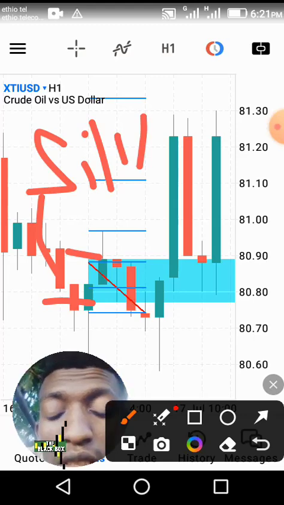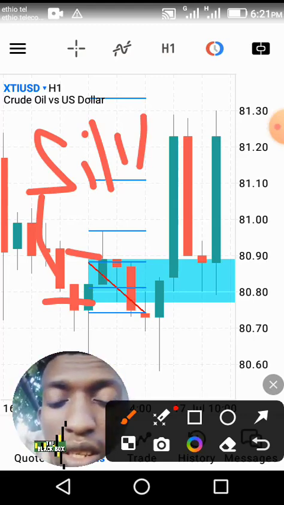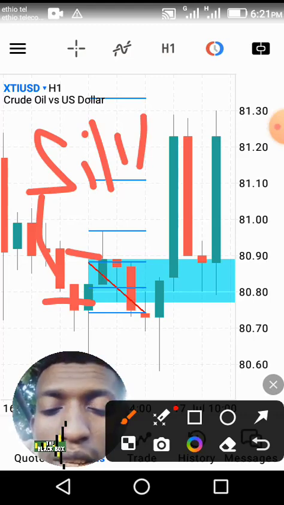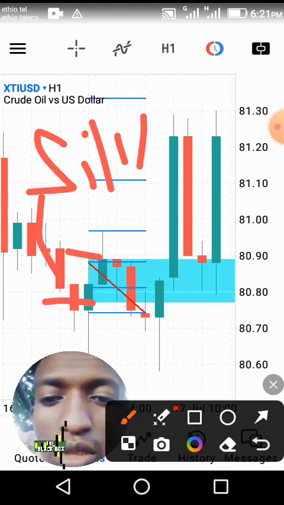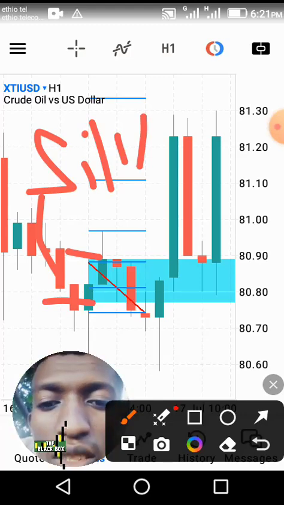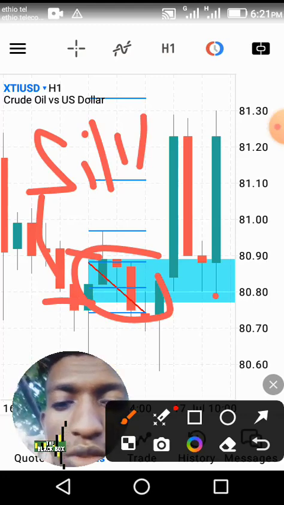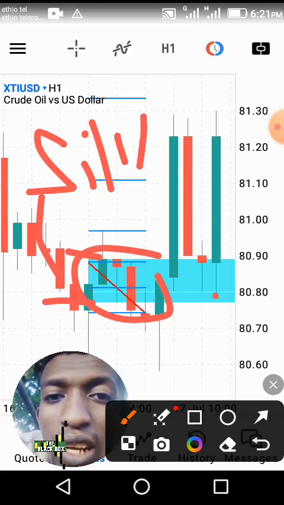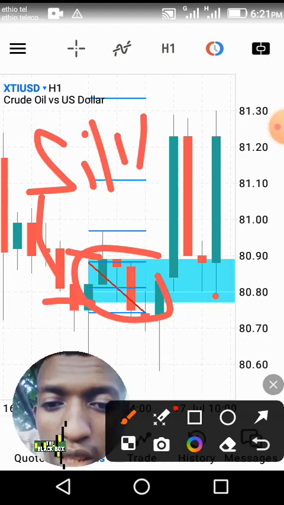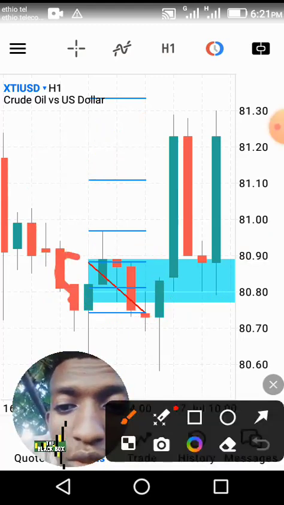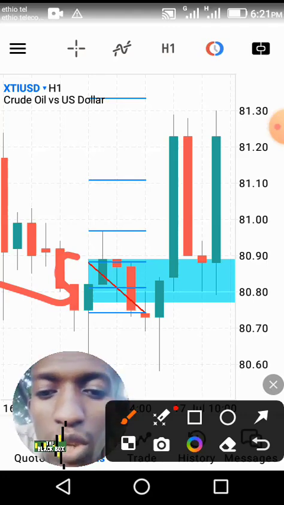There is a high probability that the trade will turn out to be right, because this is a black box zone. This is an area of interest. So when you are using this, you are in the right direction with the market. This is the silver zone. You can use S to symbolize it.